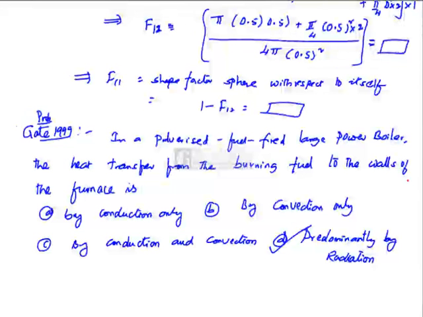The reason is, radiation heat transfer is proportional to the difference of T to the power 4, temperature to the power of 4. Therefore, at a higher temperature, the fourth power of this absolute temperature becomes very huge. Hence, radiation dominates over conduction and convection. Answer is D, predominantly by radiation. Whenever the temperature difference is large, radiation dominates over conduction and convection.